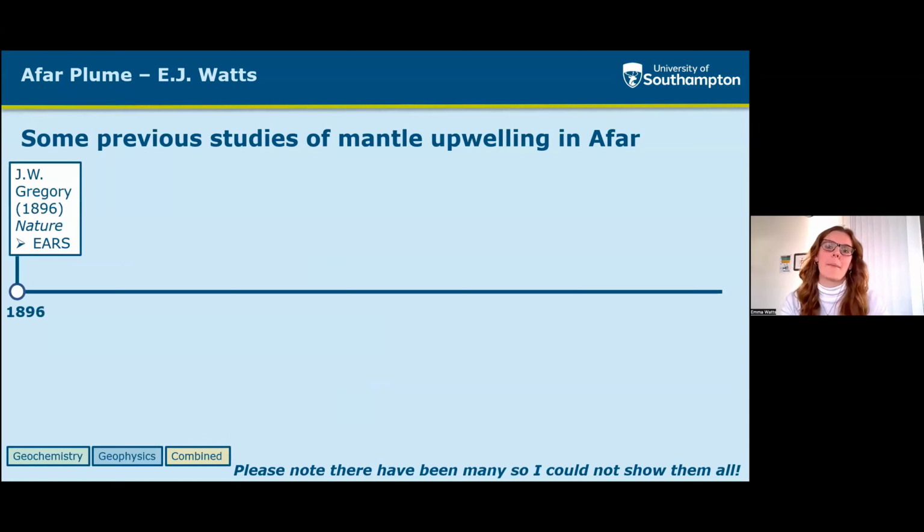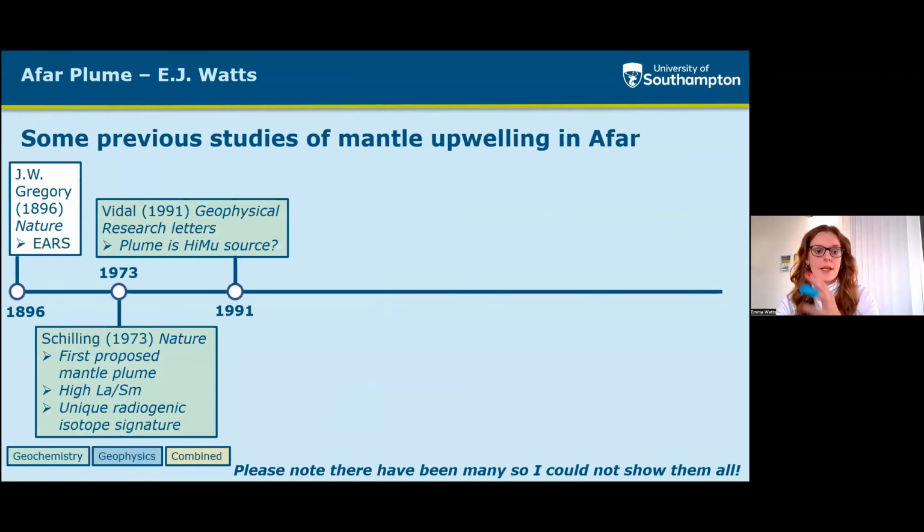So we started in about the late 1800s, when Gregory went out and found the East African Rift. That's where researchers started. Since then, in about the 1970s, Schilling first proposed this idea of a mantle plume. He saw these unique radiogenic signatures, and this was further backed up by Vidal.